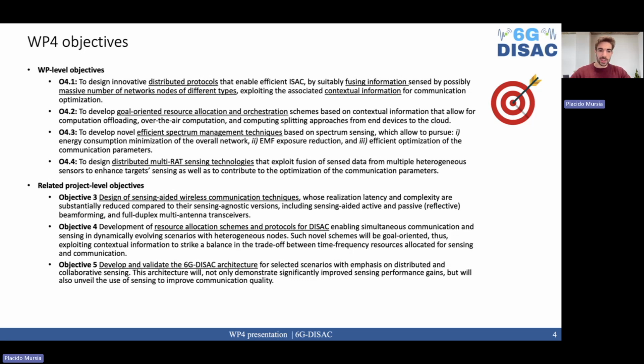Objective number 4 on development of resource allocation schemes and protocols for DISAC, which again exploit contextual information from a large number of heterogeneous nodes. And objective 5, developing and validating the 6G-DISAC architecture. Indeed, the design of the network architecture is tightly coupled with, for example, the protocol design, but also the resource allocation design, as well as the spectrum optimization.